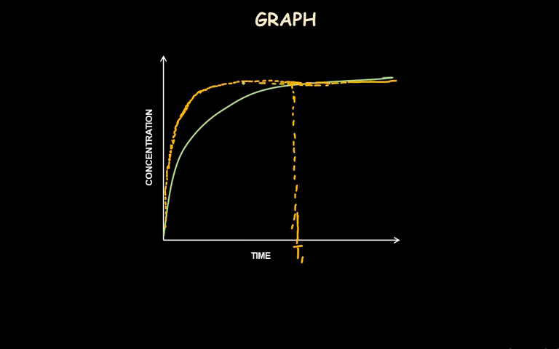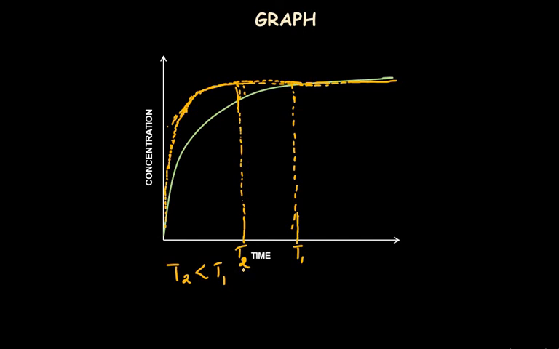If you calculate the rate at such points by drawing a tangent, we will see that the rate is higher, and the reaction also ends earlier. So you can see that the time at which the reaction gets over is also smaller. T2 is smaller than T1, so the reaction finishes earlier.